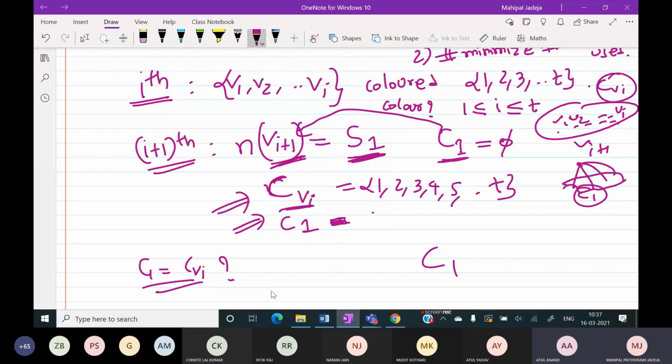Good, very good. So that means we are interested in this particular set CVI minus C1. Yes sir, meaning this should be positive. No, not positive. These two are sets. Meaning, cardinality-wise, sir. Right. So if this set is the empty set, then we need to introduce one more color.